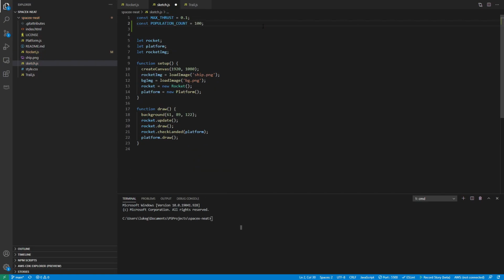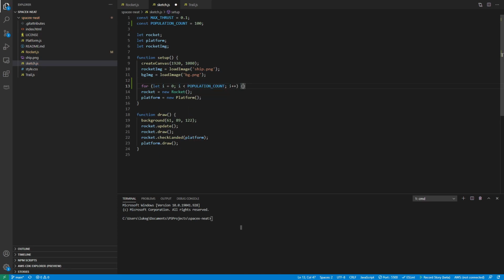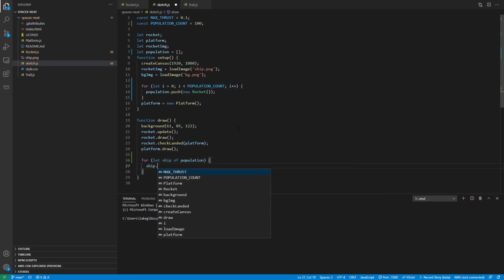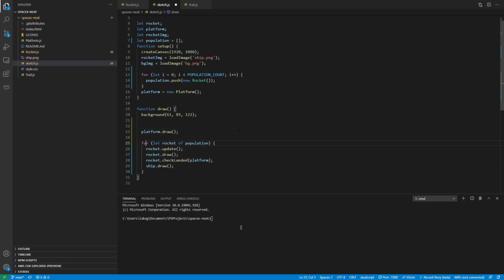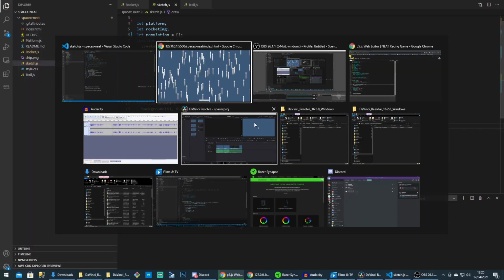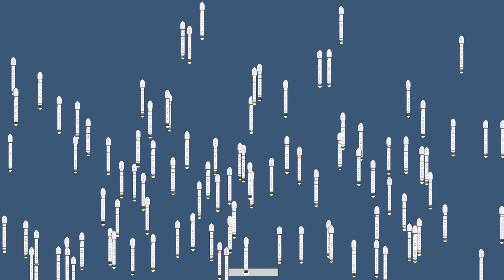Now that I've got a system with basic gravity and rocket thrusters, I need to create the population of thinking rockets. Although at the moment they're not really thinking at all, they're just falling to their death.